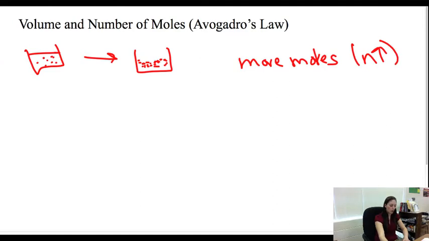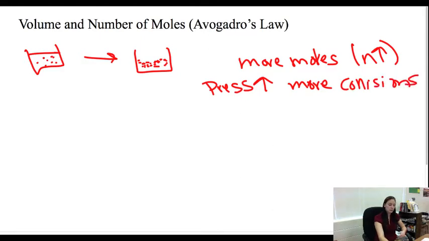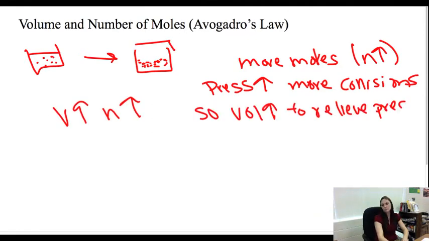So n is going to go up. As my moles increase, that means my pressure is going to increase because there are going to be more collisions because there are more of them. I don't want my pressure to go up, so in order to relieve that pressure, my volume has to go up. So my volume goes up as amount goes up. That is volume and amount.